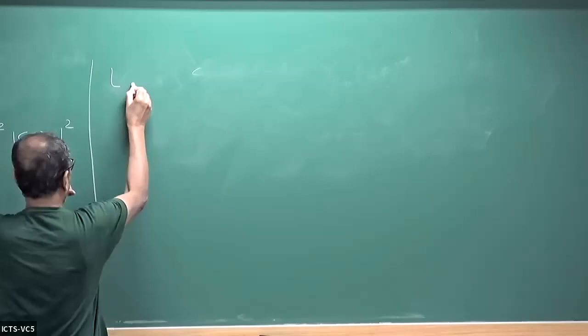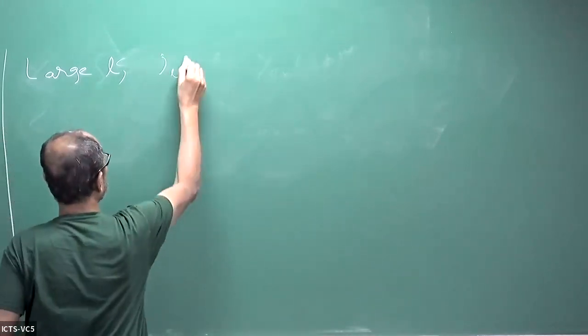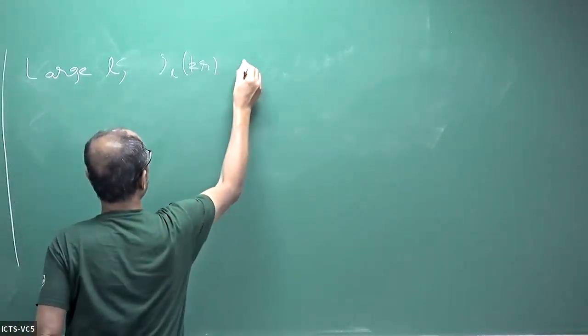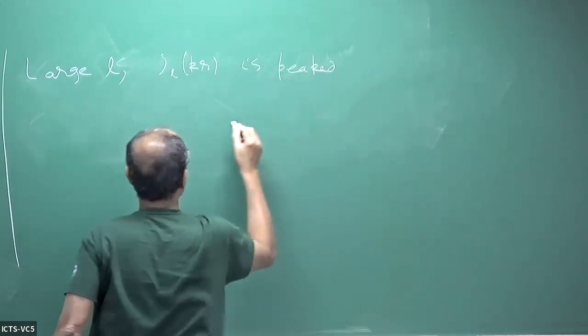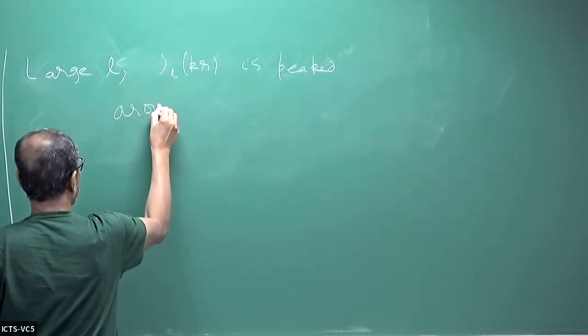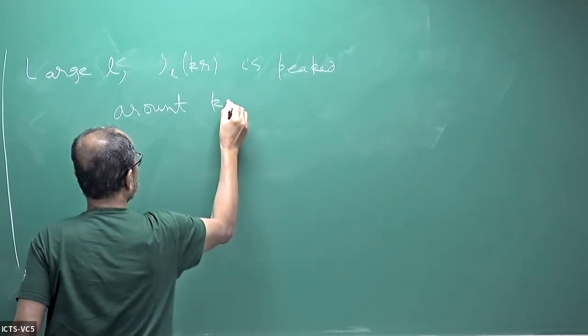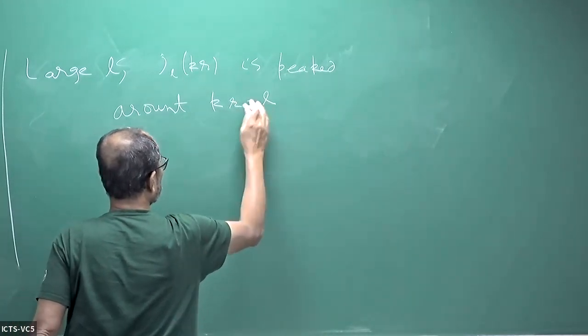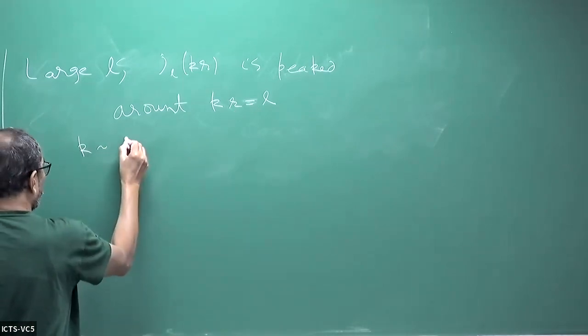The other point to emphasize here is that if we take large L, then j_L of kr is peaked around kr equal to L, which means k of order L over r.